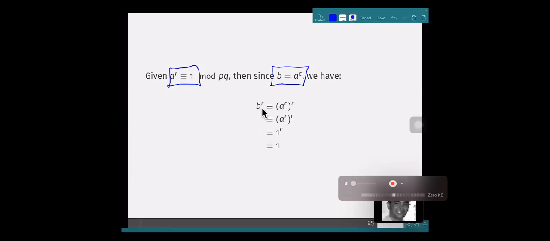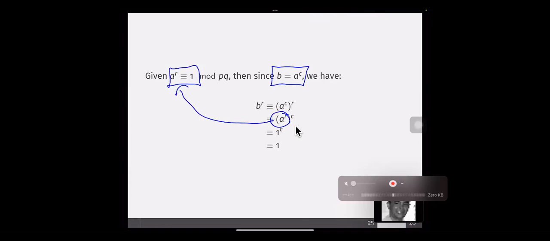If you raise both sides to the R, it will give you A to the C, the R. Now, you just have to reverse the exponents, by the commutative property of exponents. Now it becomes A to the R. But we know that A to the R is equal to 1. So which means that B to the R is equal to 1. So this is an important property.